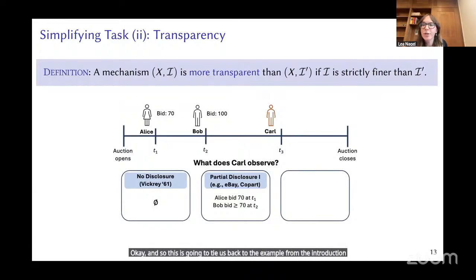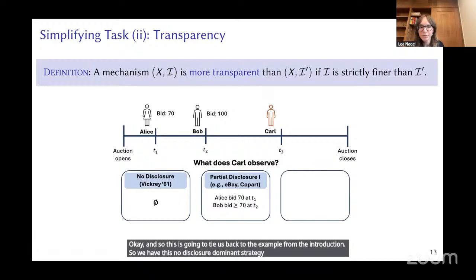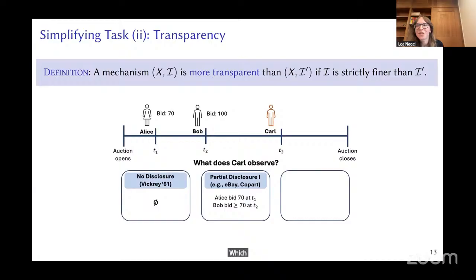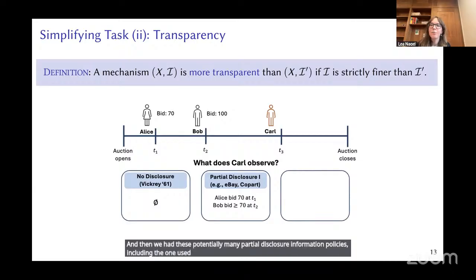We have this no disclosure dominant strategy auction, the Vickrey auction, which is the least transparent mechanism on this game tree. Then we had these potentially many partial disclosure information policies, including the one used by eBay, which are more transparent than the one corresponding to Vickrey, according to this definition.